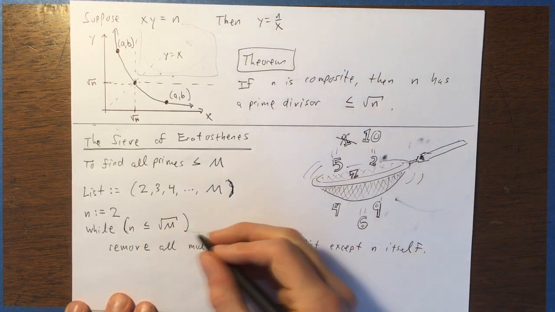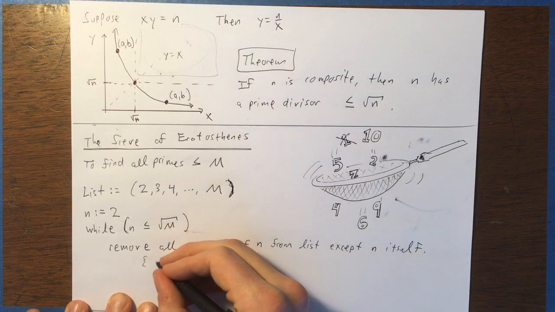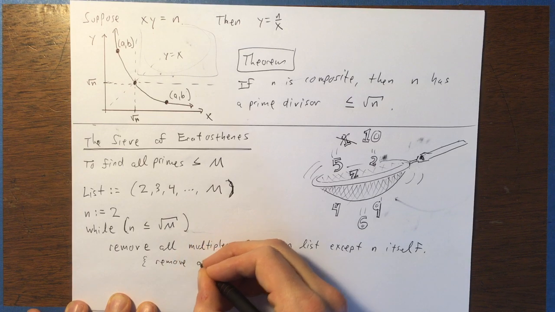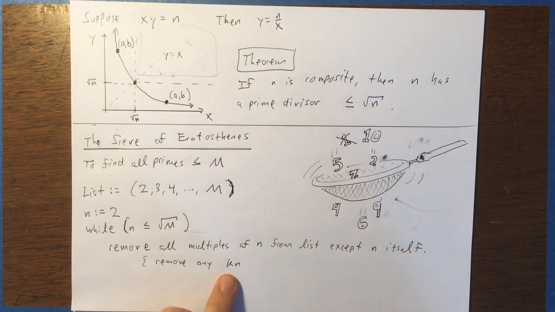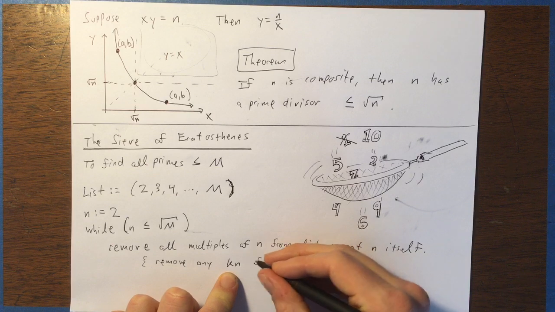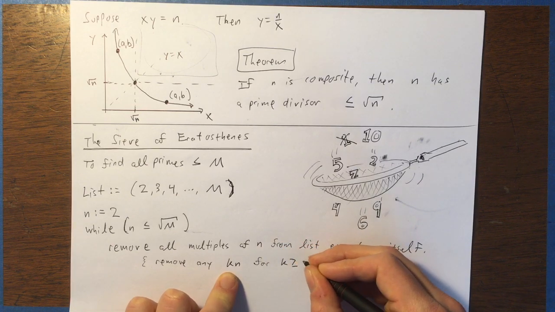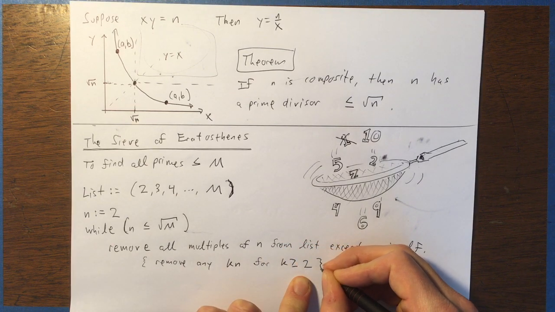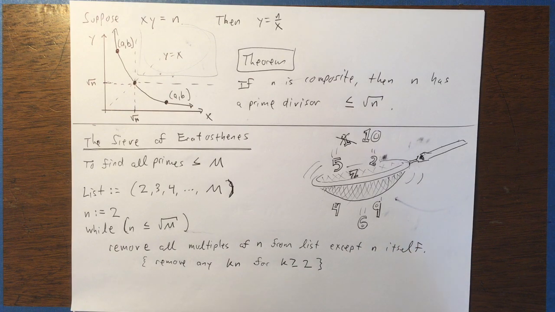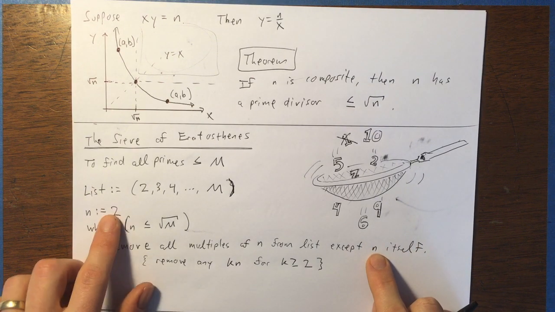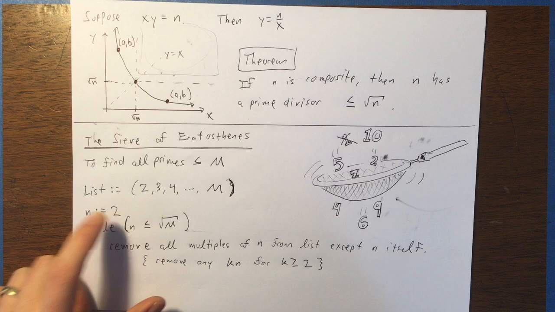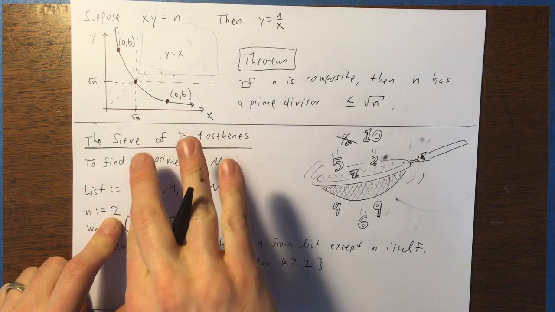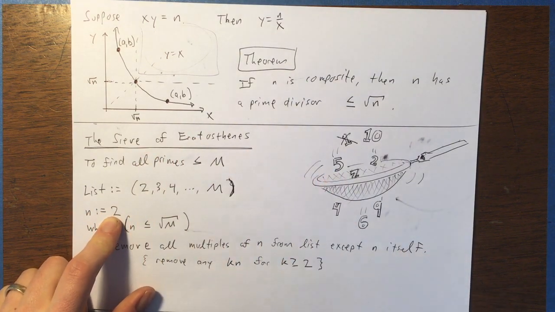So basically what I mean by that is, remove any kn, multiple of n, kn, for k greater than or equal to 2. All right, that's what I mean by that. So we're not going to remove n from the list. So 2 is going to remain in the list, but any multiple of 2 is going to be removed from the list, any higher multiple of 2.